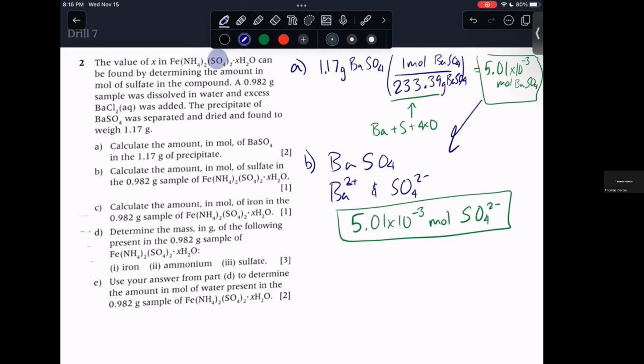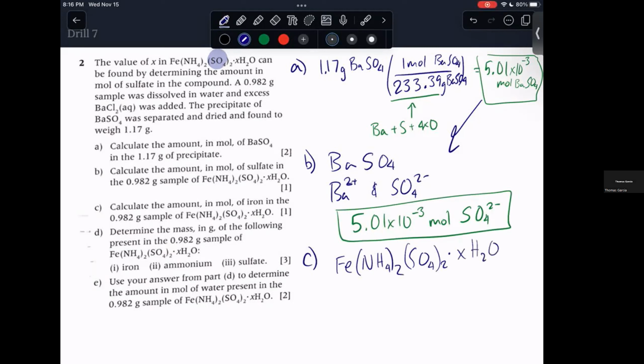Moving on to C. Calculate the amount in mole of iron in the 0.982 gram sample. All right, so we have to take a look at our sample. Fe(NH4)2(SO4)2, some amount of water because it's a hydrate.